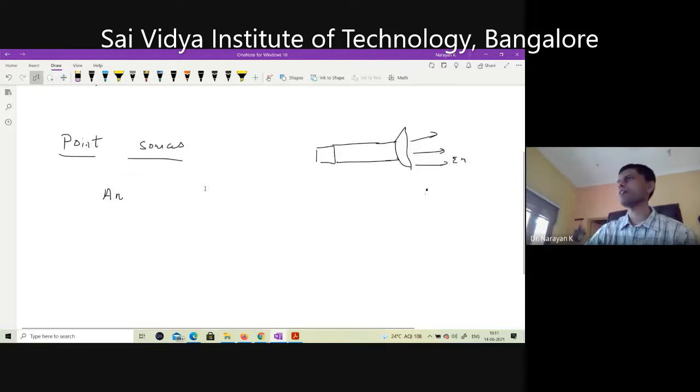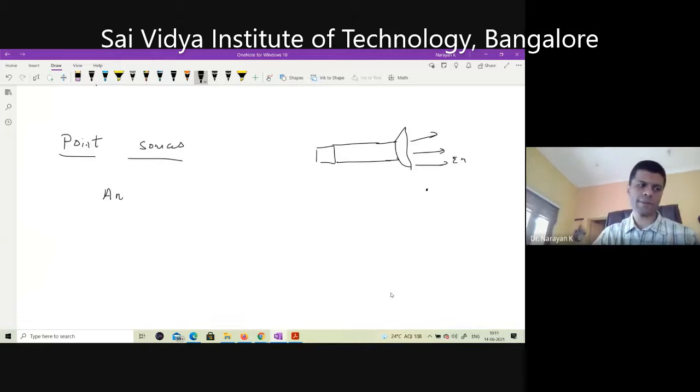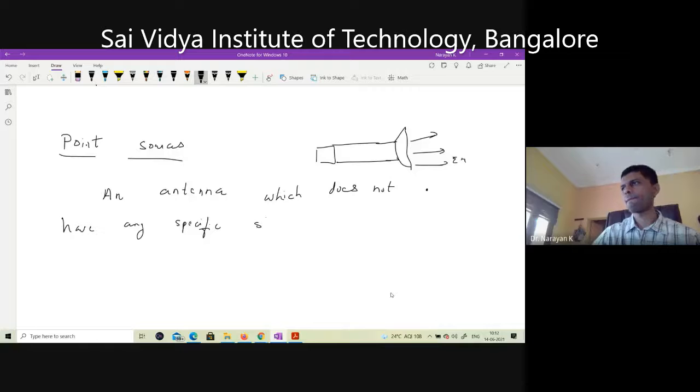Now this idea of a point source goes way back to World War II. Let me write the definition and explain to you, then I will tell you some sort of story on that. An antenna which does not have any specific shape is called a point source.